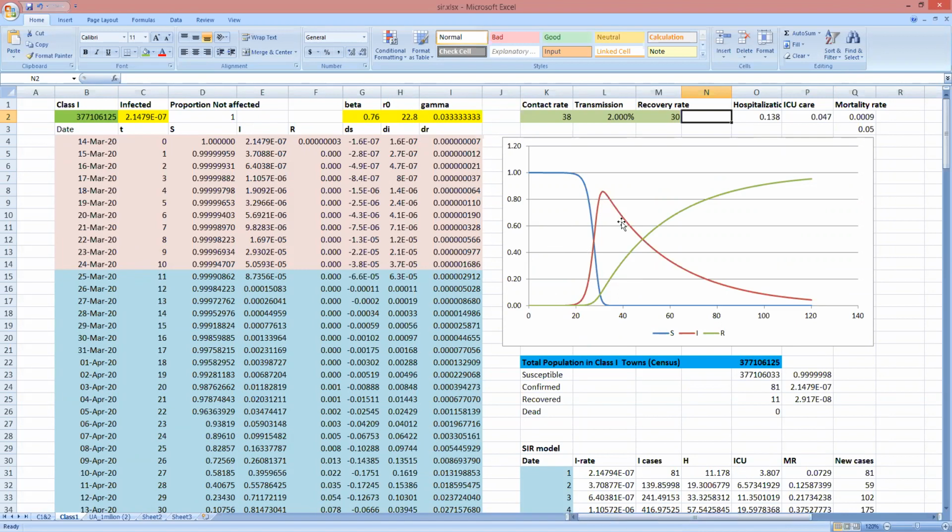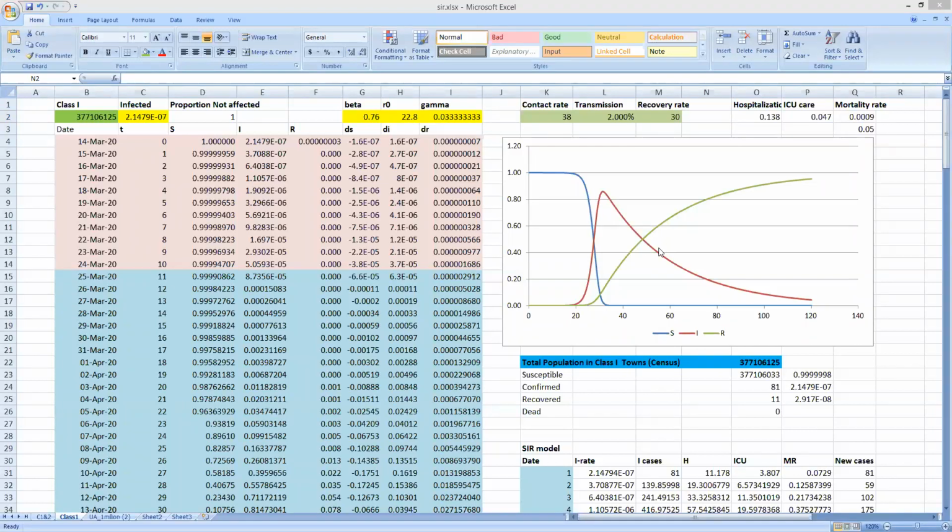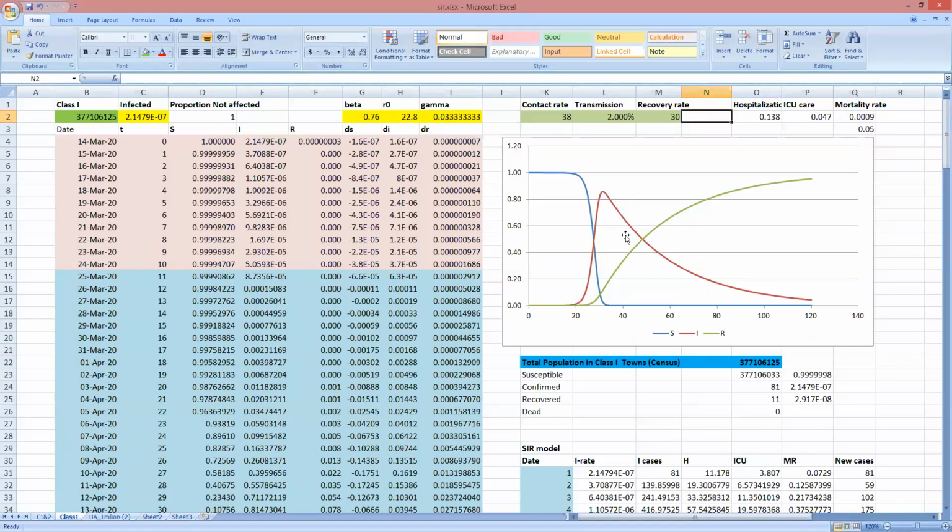Remember that the government claimed that a lockdown has lowered the peak. They are talking about this point. One is that the peak should have occurred in mid-April, and secondly, more than 80% of the people should have been infected. See, this is 0.8.